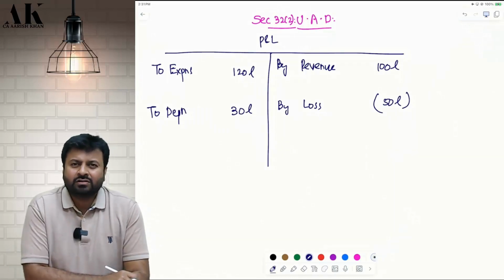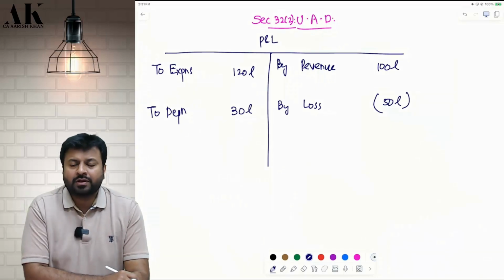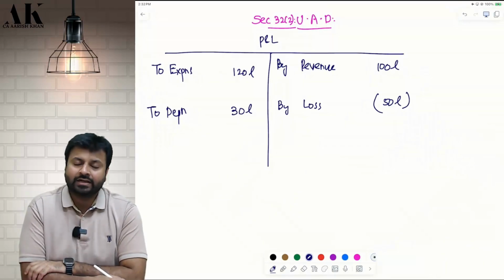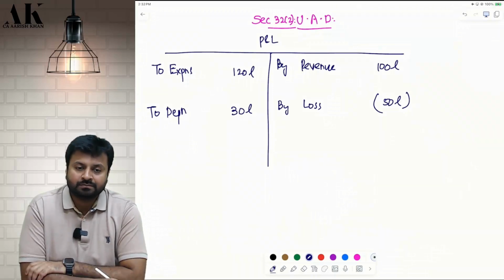Now in accounts, loss is a loss. In accounts, there is no segregation of loss. Whether the loss comes because of expense or because of depreciation, accounts has nothing to do with that. But in tax, the loss is segregated into loss because of expense and loss because of depreciation.